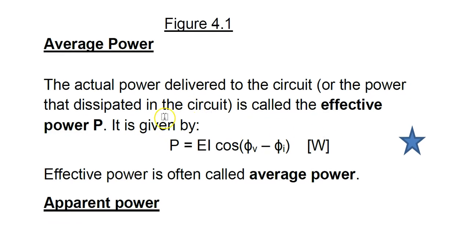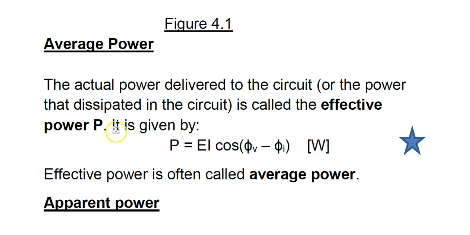Right? And the average power is given by this formula. The power P is equal to E, which is the RMS value of the voltage applied to the circuit, multiplied by the RMS current that is flowing into the circuit, cosine of the phase angle of the voltage, which is E, minus the phase angle of the current, which is I. Right, and this is expressed in a unit called watts.